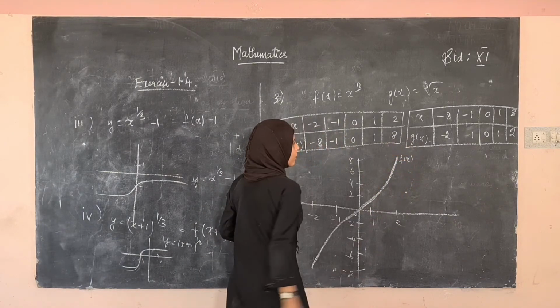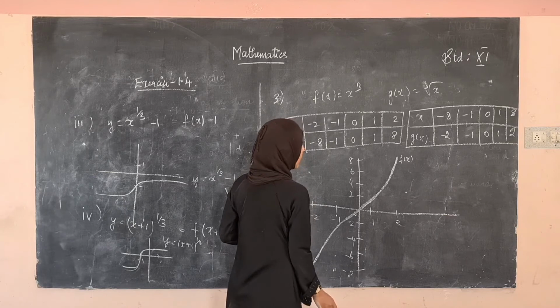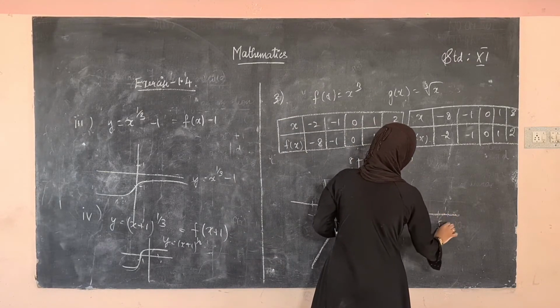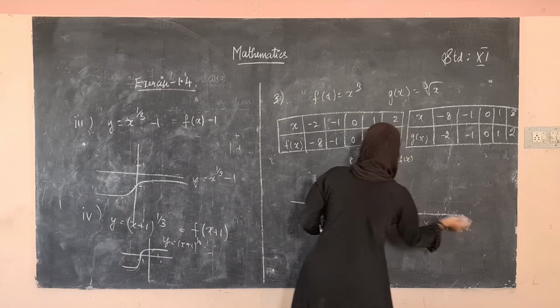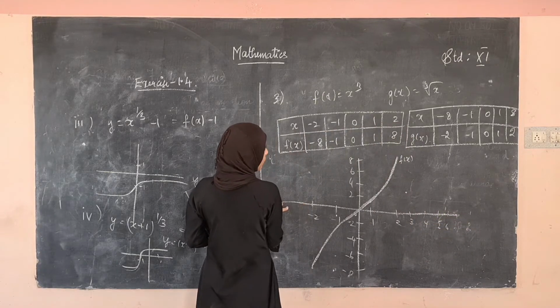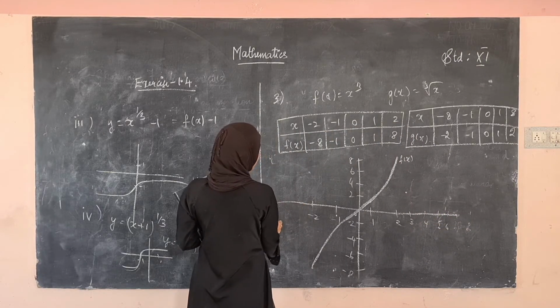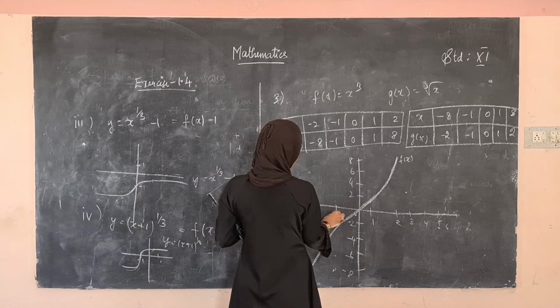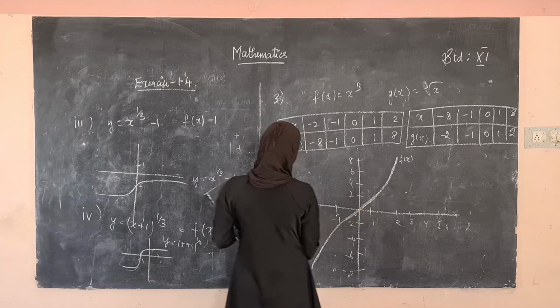Now we are going to find the graph of g of x. See here too it goes on like this. So for minus 8 the value is minus 2, and for minus 1 the value is minus 1, and for 0 the value is 0.